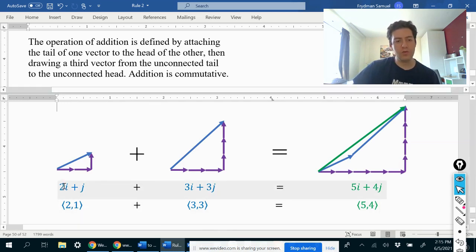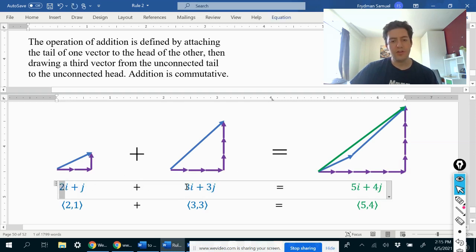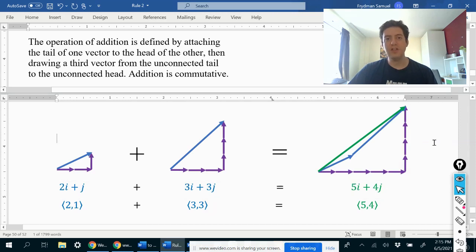If we know that this vector is made from two i vectors and this vector has three i vectors in it, then the sum vector should have 2 plus 3, or 5, i vectors in it. And you can see that it does: 1, 2, 3, 4, 5 i vectors, just like that.